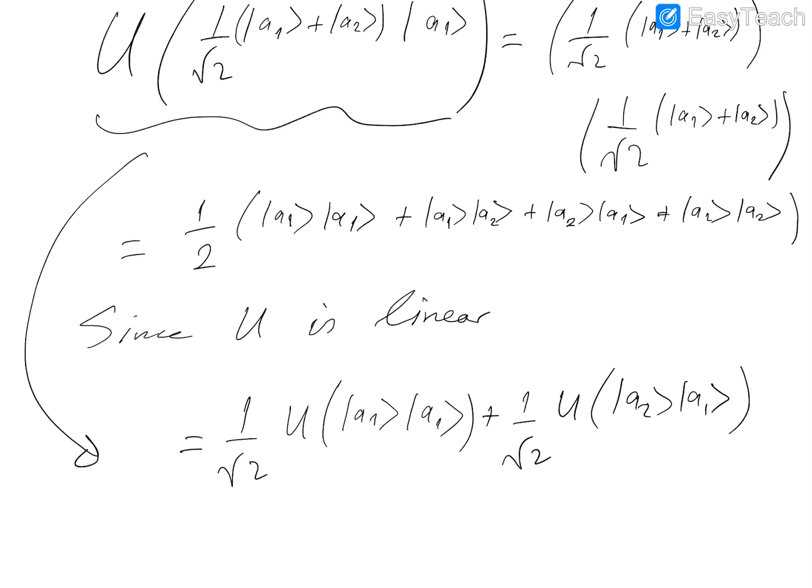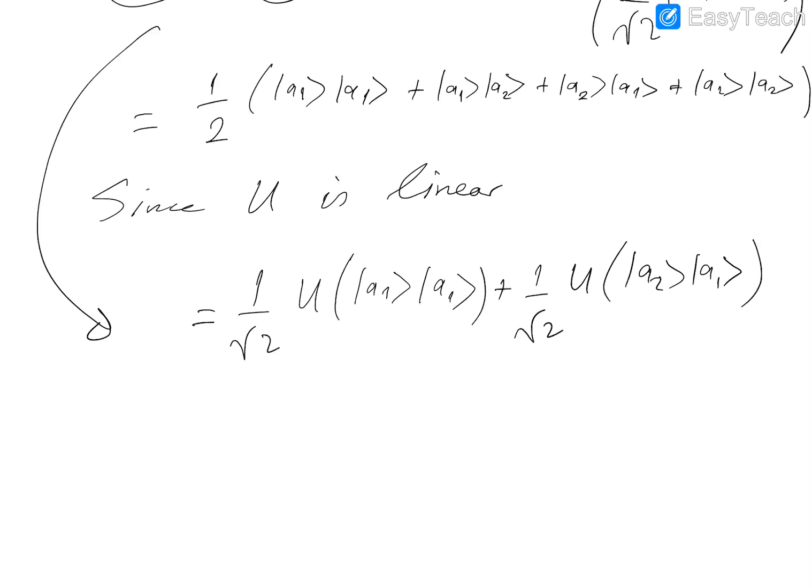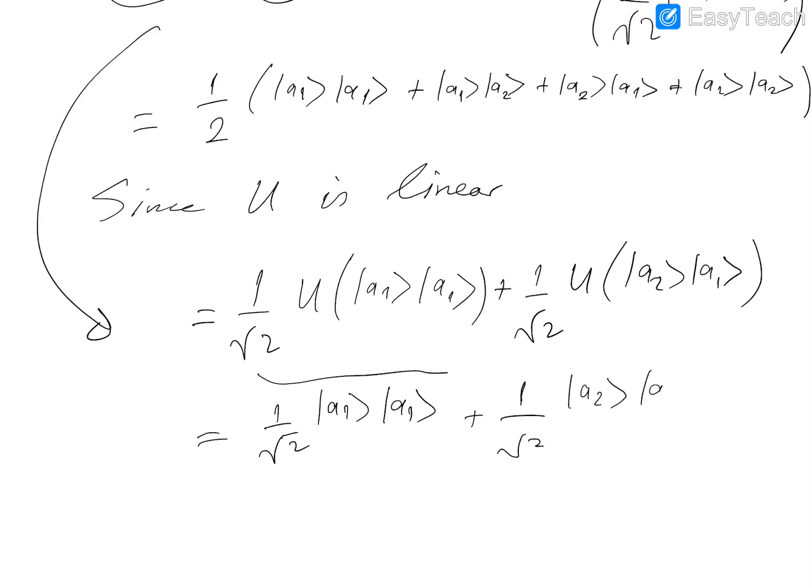Evaluating these two expressions, this will be equal to 1 over square root 2, we have a copy of A1 over A1, so we have A1 A1, plus 1 over square root 2, and we're copying A2 over A1, we have A2 A2.